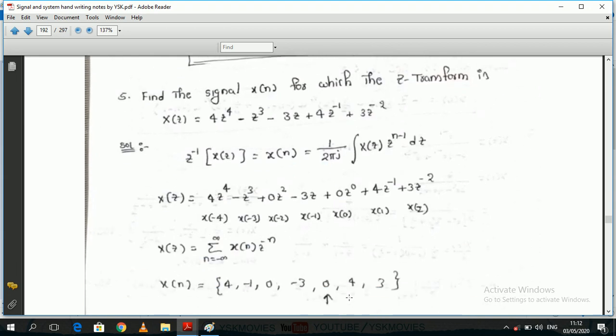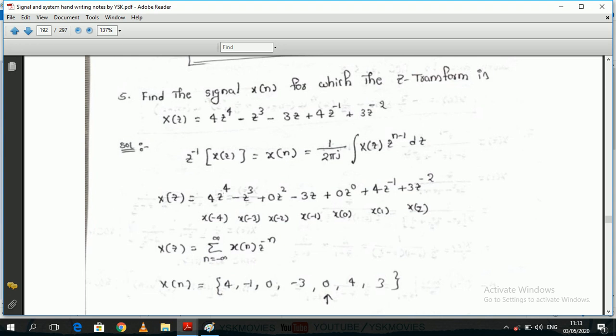Find the signal x of n. Here they are asking an inverse problem. You know the inverse formula of the z transform. Z inverse of X of z is equal to x of n, which is 1 by 2 pi j times the integral of X of z z power n minus 1. We already derived it previously.